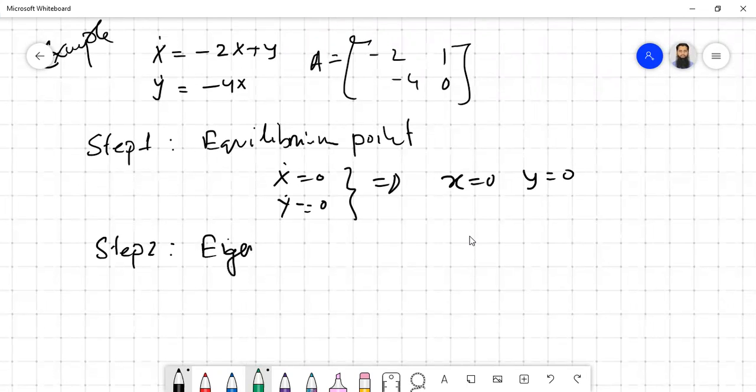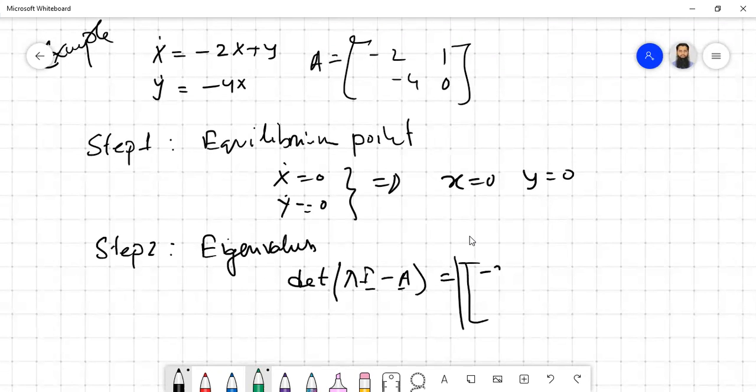And now for the eigenvalues, the determinant of lambda I minus A. So we have lambda, 0, 0, lambda, minus minus 2, 1, minus 4, 0.